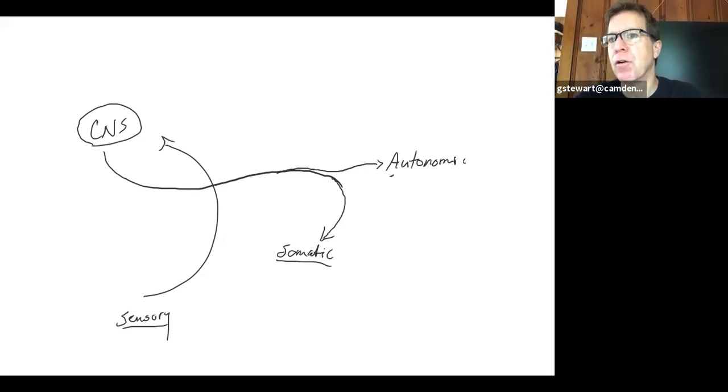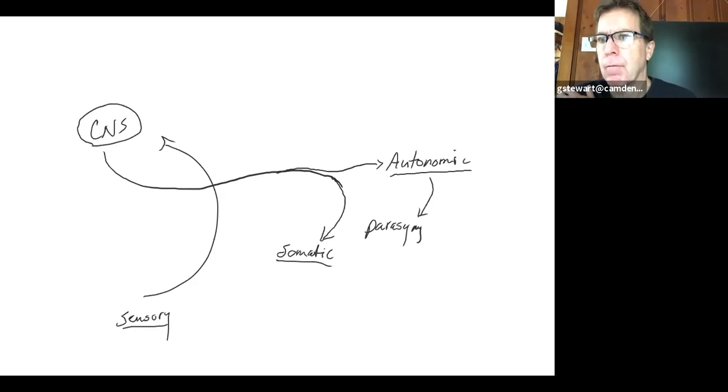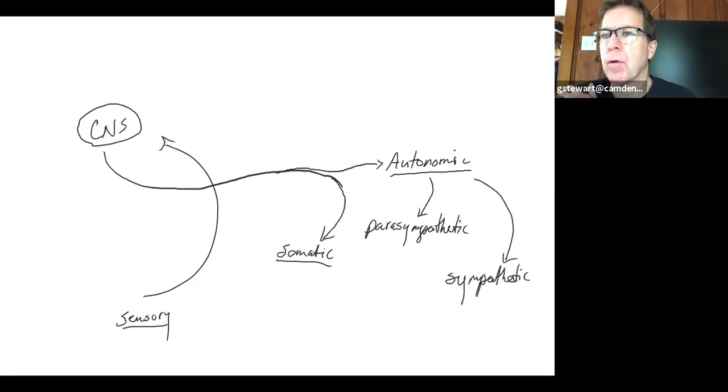The autonomic nervous system, they call it. It's really just a subdivision of the overall nervous system. And this is what we're going to focus on today, the autonomic, which can be further subdivided into parasympathetic and sympathetic. So this is where we are.